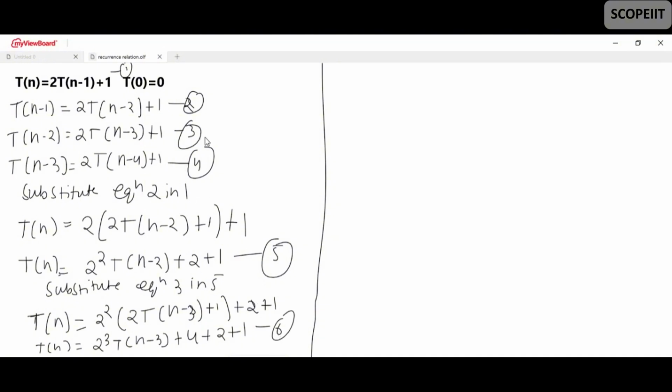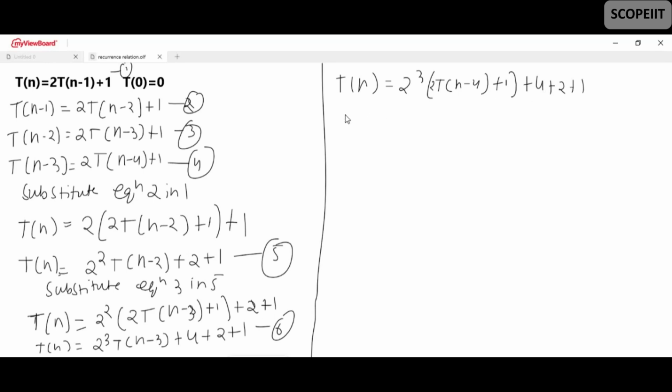Next we will substitute equation 4 in equation 6. So your final answer will become T(n) = 2^3, now T(n-3) will be replaced, so it will become 2T(n-4) + 1, and here we already have 4 plus 2 plus 1.